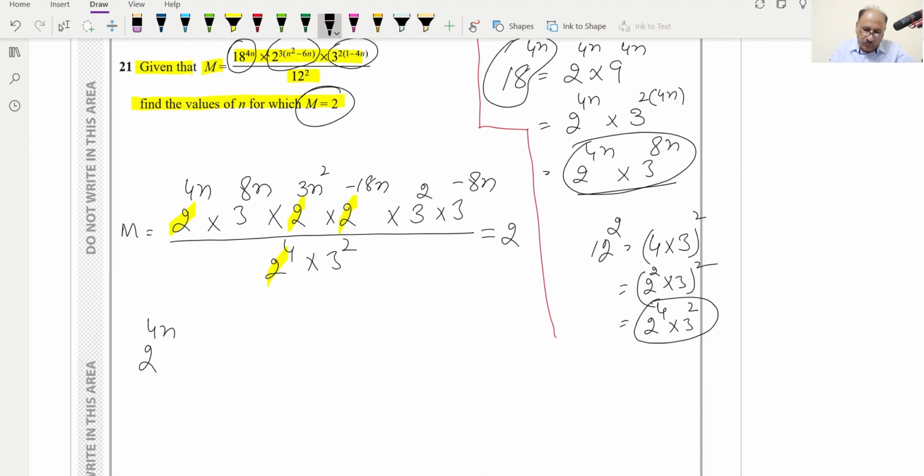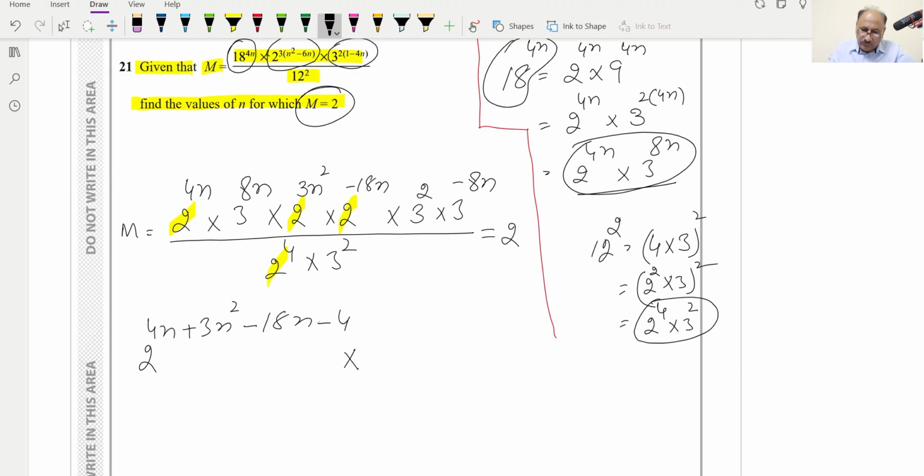So 2 raised to 4n, and this will be plus 3n squared and minus 18n, and this denominator which is over here 2 raised to 4, we can write as minus 4 because it will be shifted to numerator, so it will be minus power.